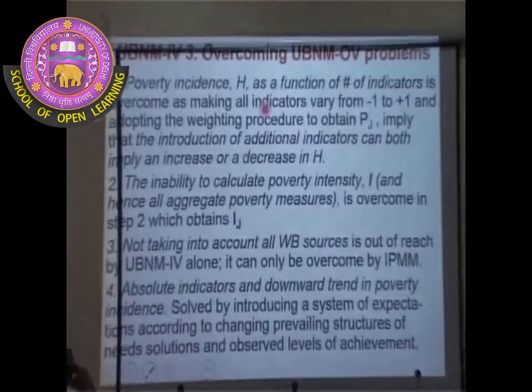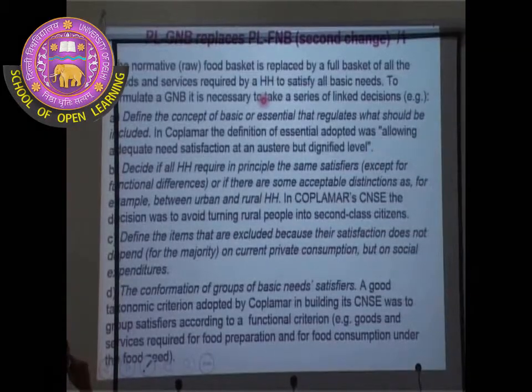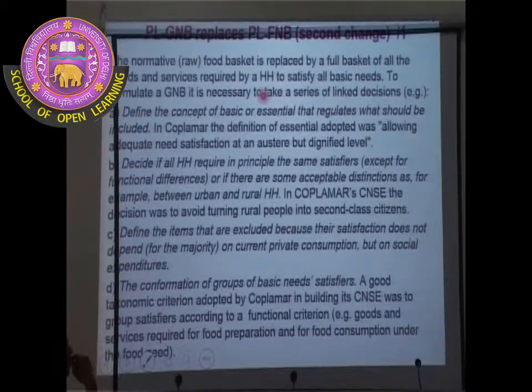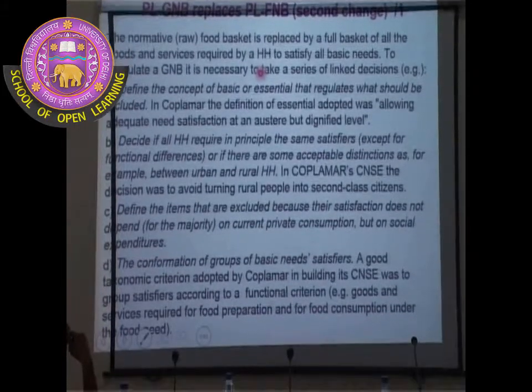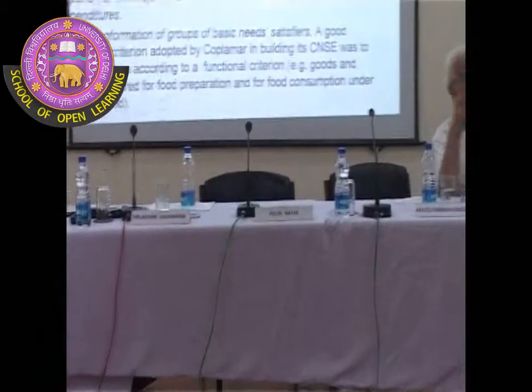So once these changes are made, UBN, the new version, overcomes the problems I have told you about the original variant. I don't have time to explain. The important step in the poverty line is changing the food normative basket, substituting it by a generalized basket, which is in the original tradition of poverty measurement.